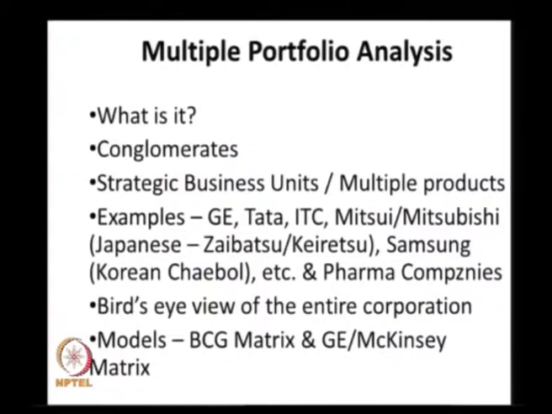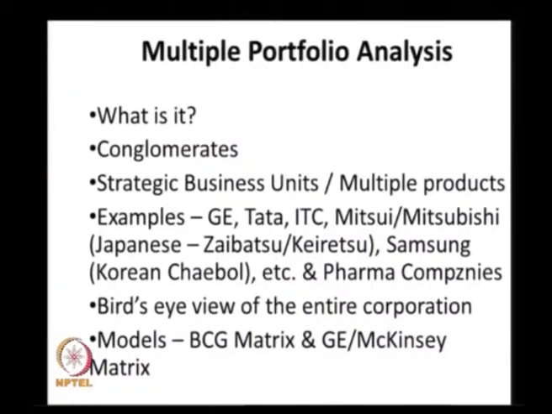Now conglomerates are big entities under which they have different business enterprises. A classic example is GE. In India we have Tata, the Tata Sons, and the subsidiaries or other group entities are Tata Chemicals, Tata Power, Tata Consultancy Services.